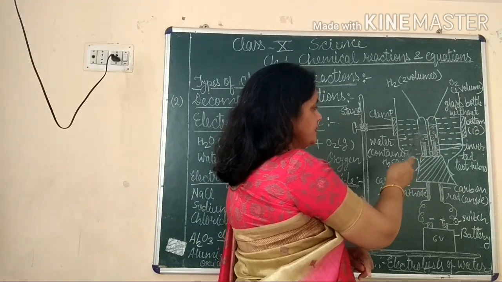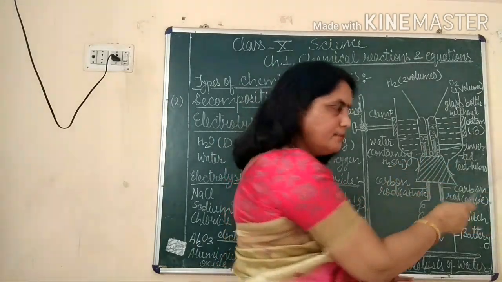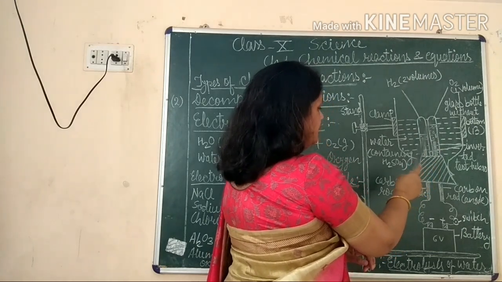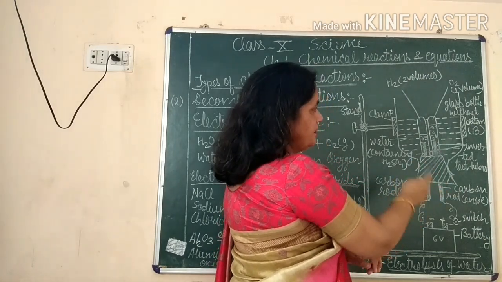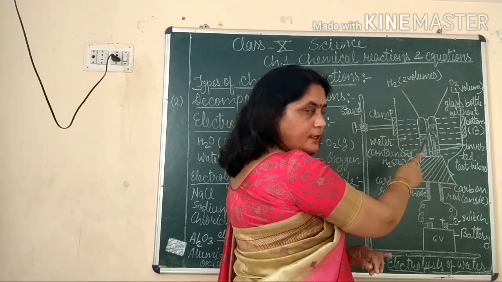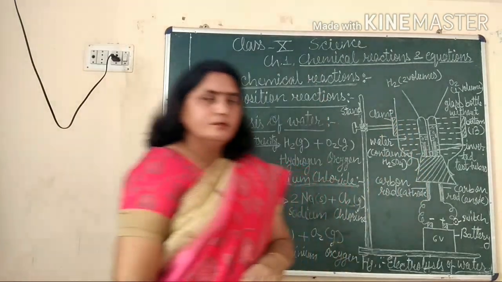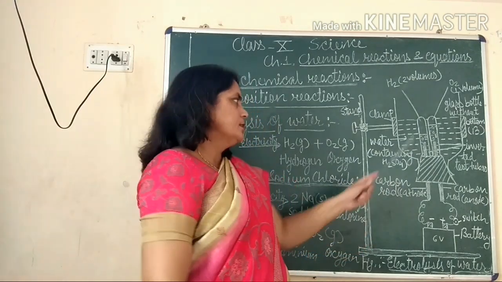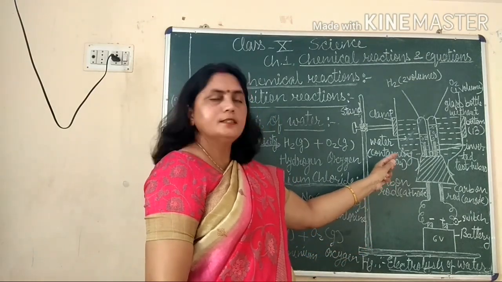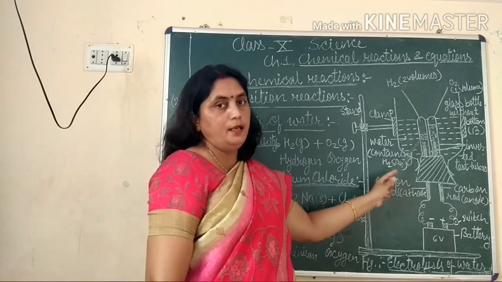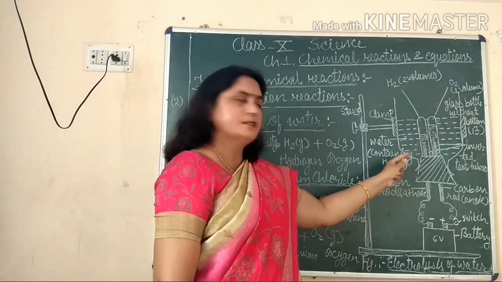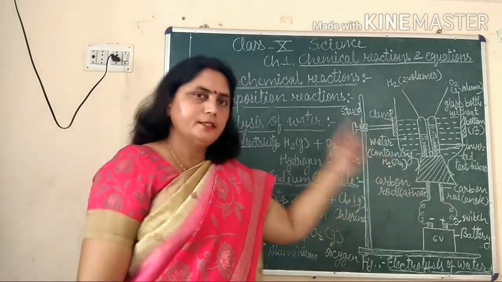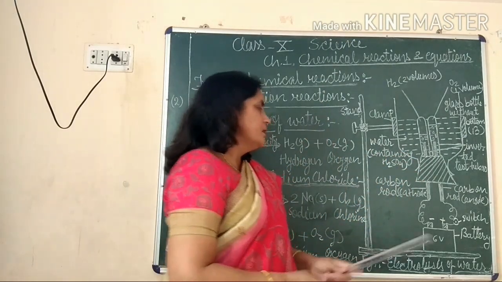And you can see exactly, it appears as if the amount of gas is double in this test tube as compared to the amount of gas collected in this test tube. So it shows that the amount of gas which is collected here is double the amount of gas collected here. Okay, later we will see which gases are filled in them.